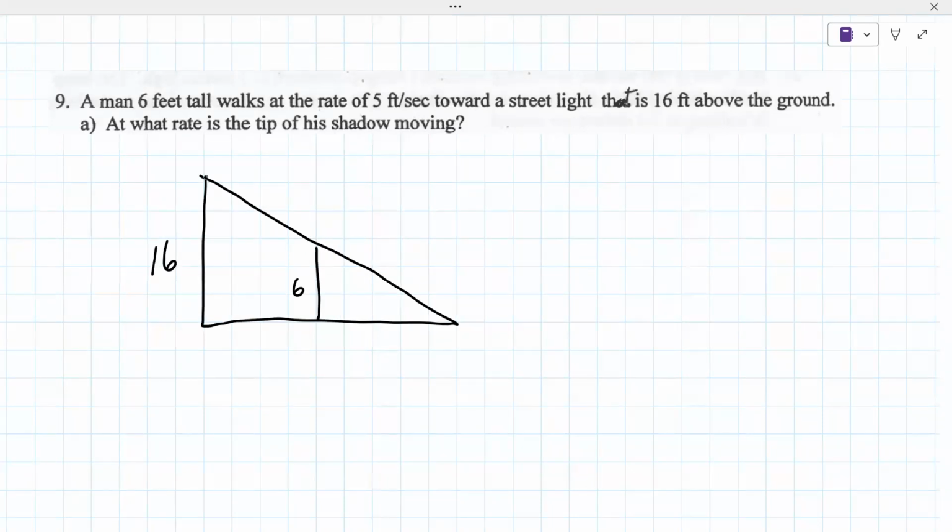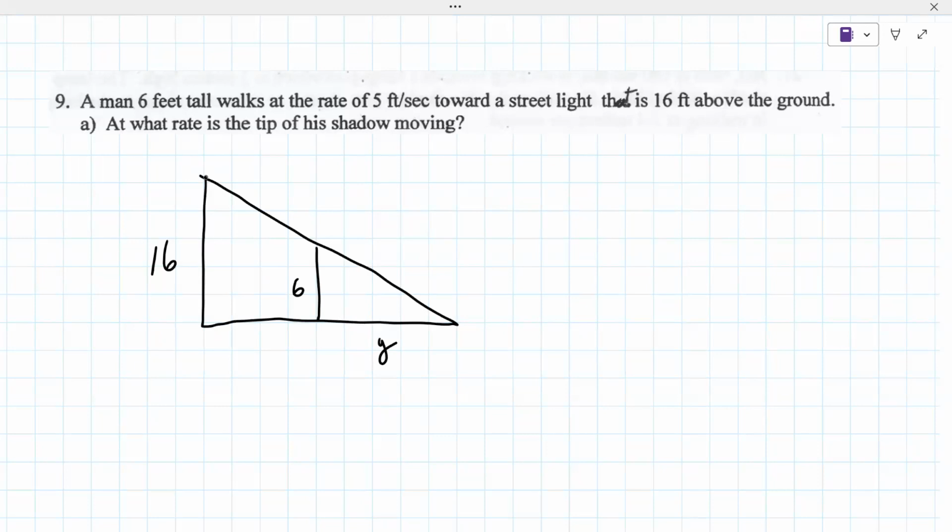And there's a certain way that they like to label these things. You can use whatever, but we'll call this the length of the shadow of the man. The man has a shadow of some length.